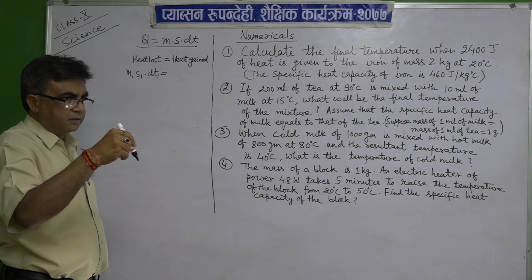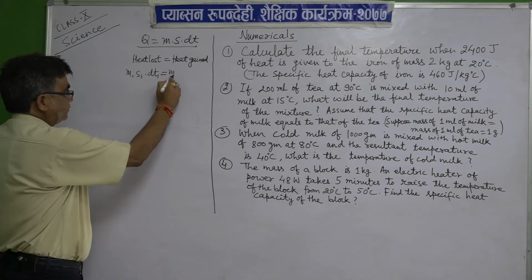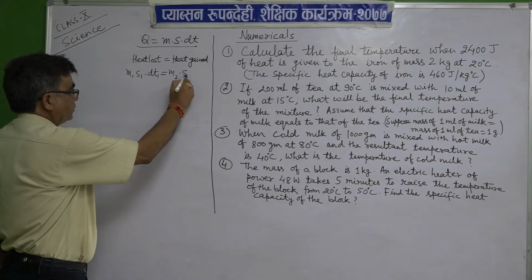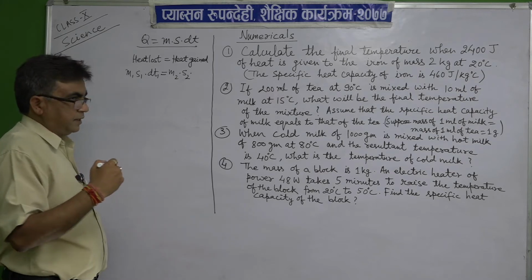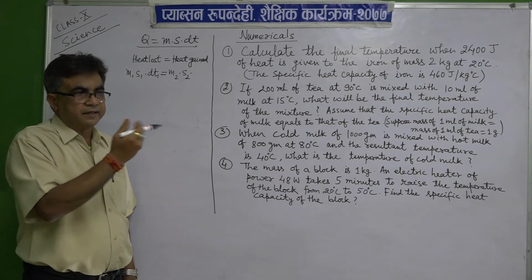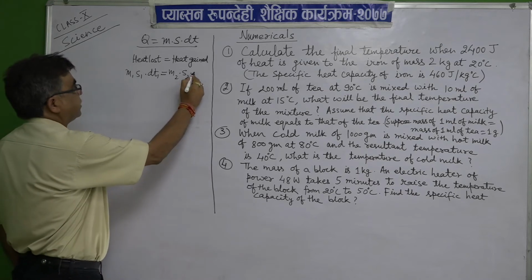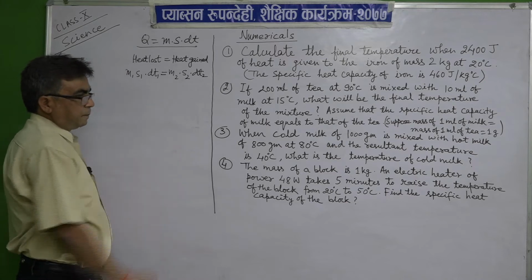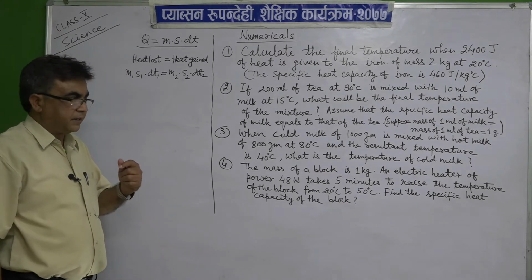Suppose the mass of the body at lower temperature is m2, its specific heat capacity is S2, and the temperature difference is d2, because initially it was at lower temperature but after gaining heat its temperature will rise. So, this is the equation which we have got from the principle of calorimetry.